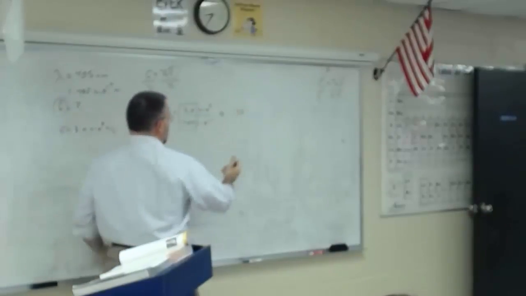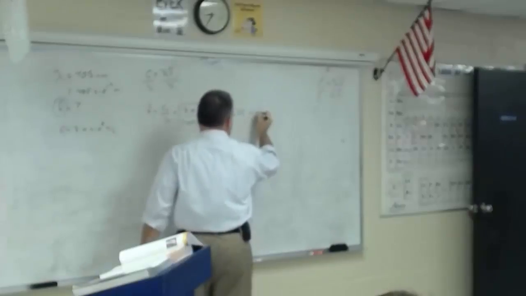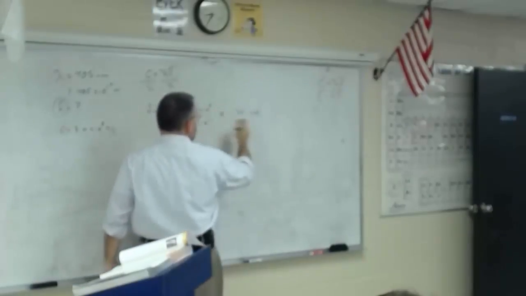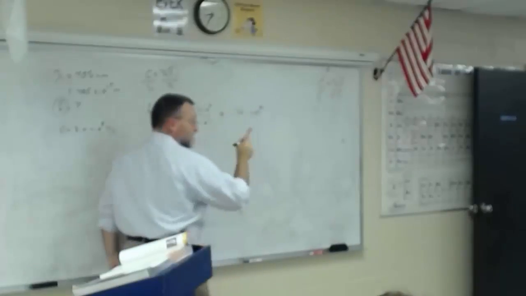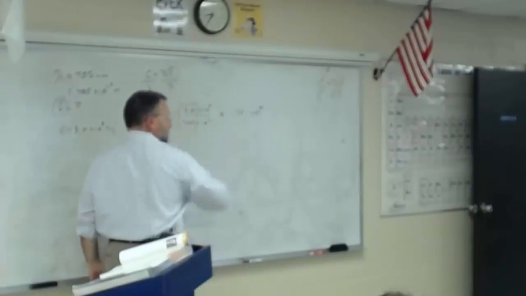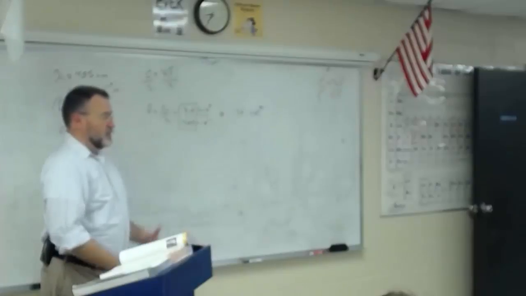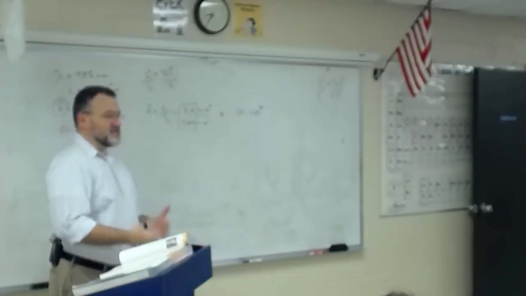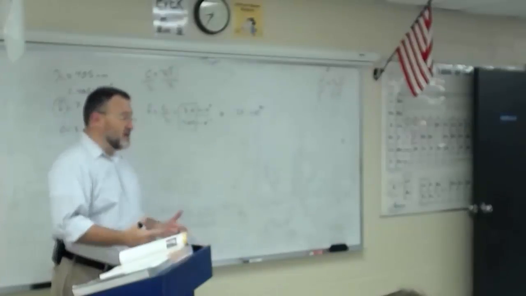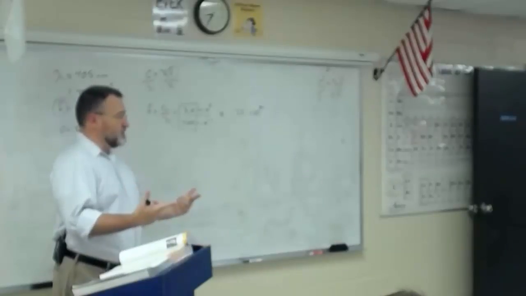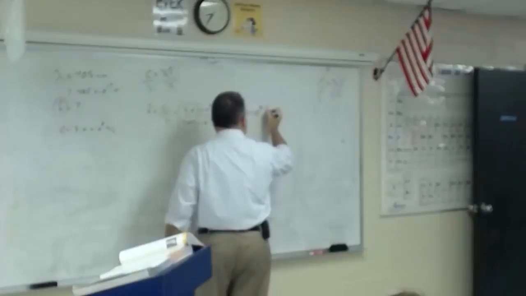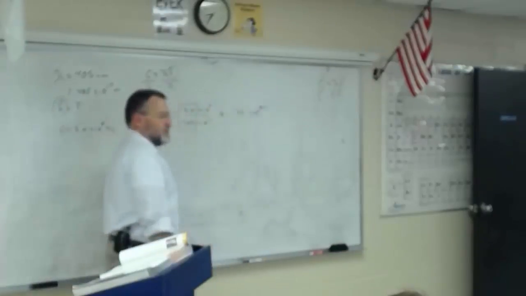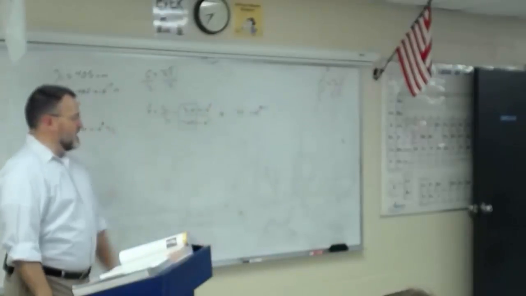So what this becomes is times 10 to the first exponent is 8, and we're going to subtract the denominator's exponent. The denominator's exponent is negative 7. When you subtract the negative, it's the same as what operation? Adding a positive. So we're going to subtract the negative 7, which is adding a positive 7.